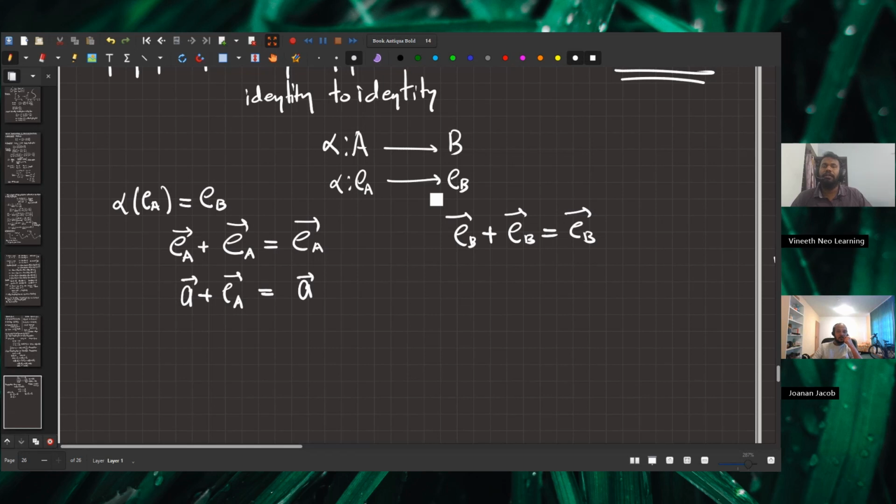Similarly, if we add vector B with the origin in vector space B, we get vector B. Let's consider this equation. E of B.